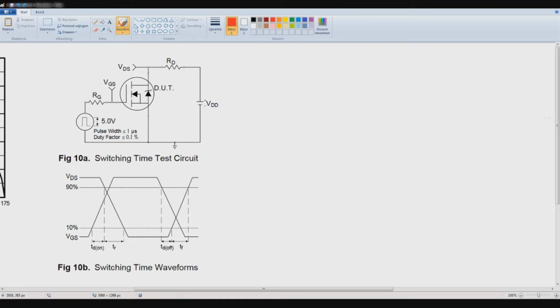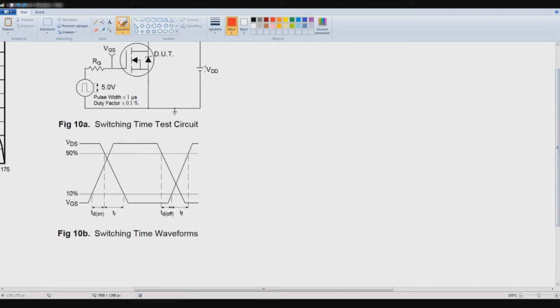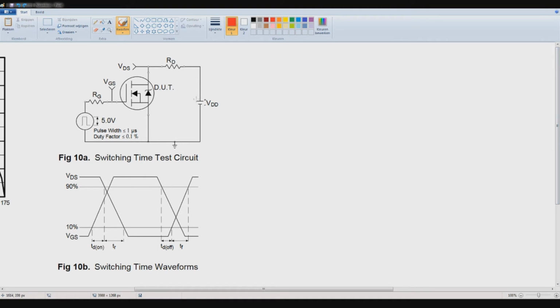So the first one is the drain to source voltage. If you turn on the MOSFET, here you turn it on, and you see this little delay over here. From here to here, which is the turn on delay, and this is the rise time.